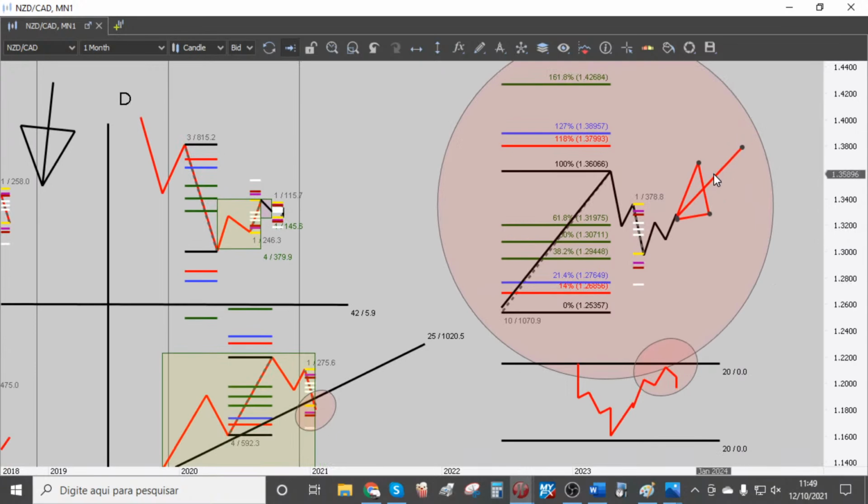How many of us, we are all the same, are losing? Because we are using different kinds of indicators pointing in some direction, which is not wrong, but we are trading a different pattern, and a different pattern is showing us another thing.